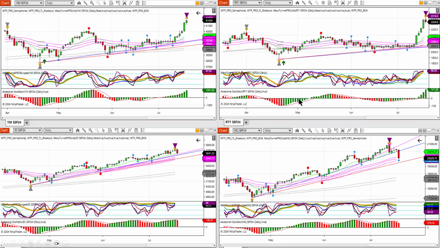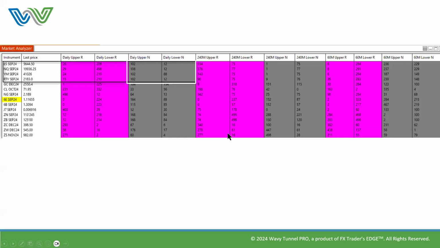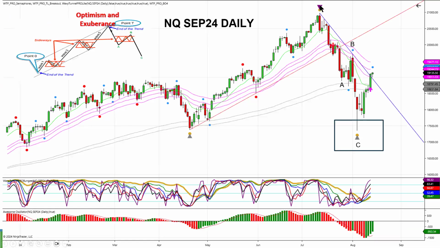You don't have to use the scanner to see the purple arrows. Then I looked at the daily lower noble. I just ran the usual scan. I set it up to run on the daily, the 4 hour, the 60-minute. We got daily lower nobles on these. So after we get the purple, we got the lower gray.